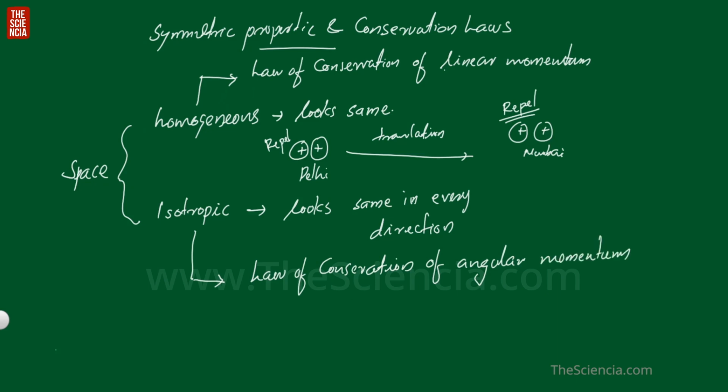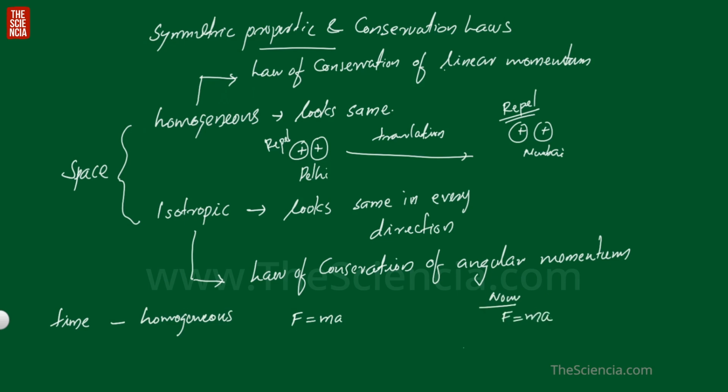Now I am taking time, and this time may be homogeneous. What does it mean? At the time of Newton, we knew F is equal to ma, and now also we are using the same equation, F equal to ma.